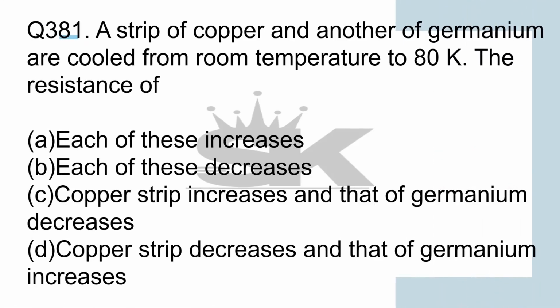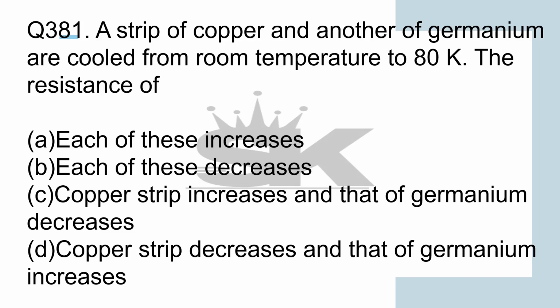A strip of copper and another of germanium are cooled from room temperature to 80 Kelvin. Copper is a conductor while germanium is a semiconductor, right?